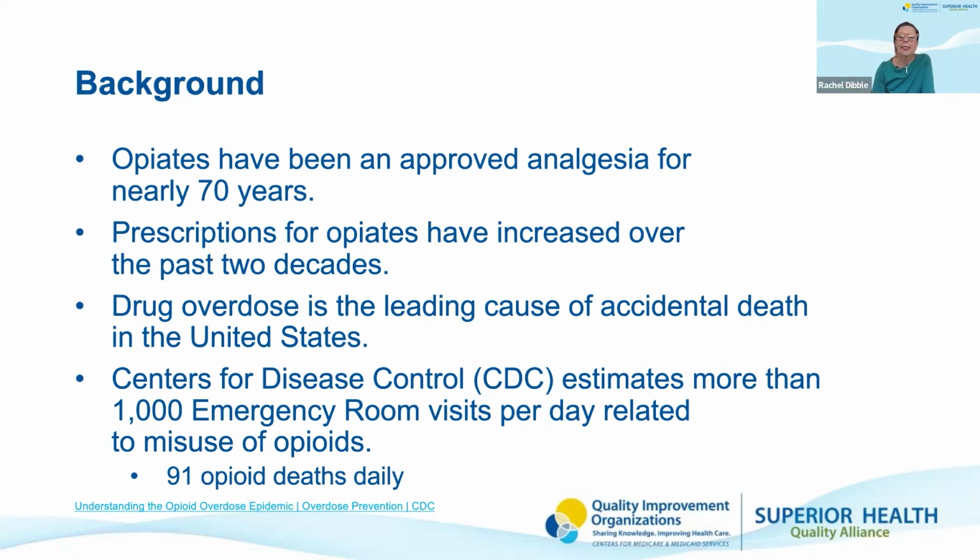And then more importantly, the CDC, Centers for Disease Control, estimates more than 1,000 emergency room visits per day related to misuse of opioids. And in that are 91 opioid deaths. So just with that data, and that's not robust data, there's robust data out there.